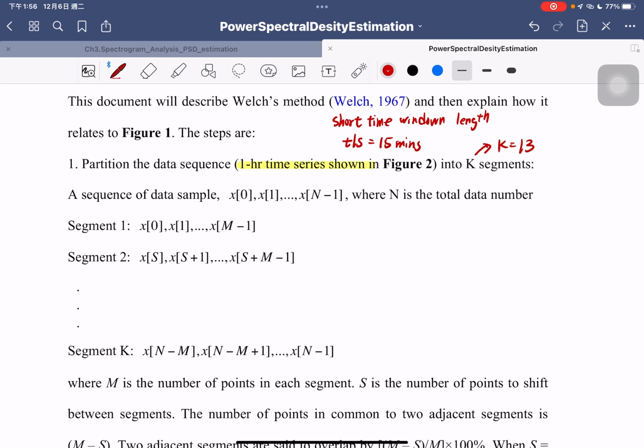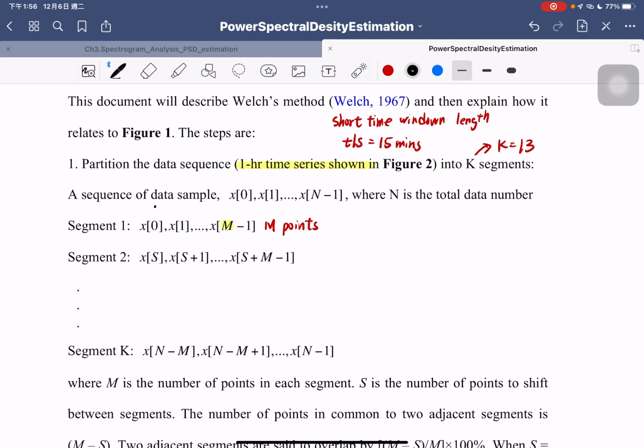And then for each segment, we have the endpoints number, okay? Because here we have the n, and for the segment 1, the point starts from 0.